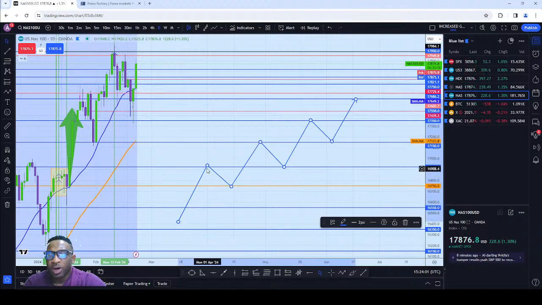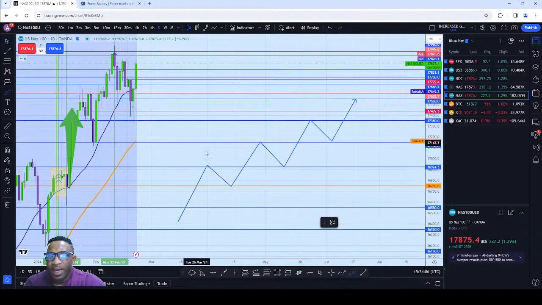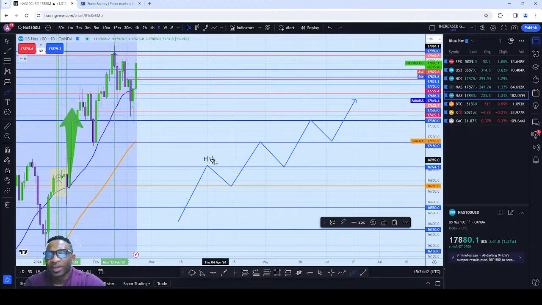It pushes up to make a high, so this is where we call it higher high. H and H, higher high. Sorry, don't mind my drawing. So we have higher high here, and then we have higher low. Higher low here.